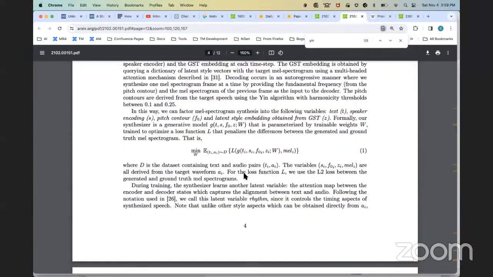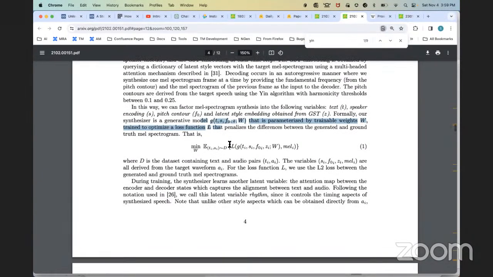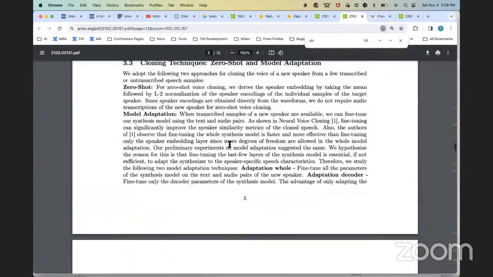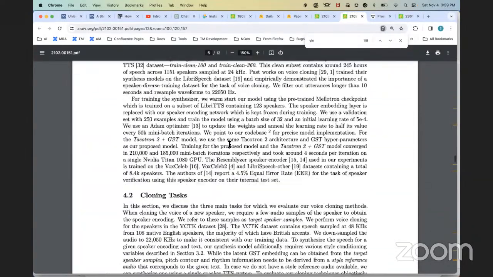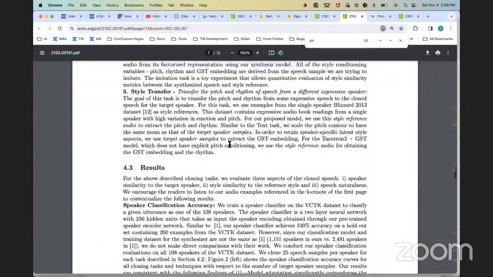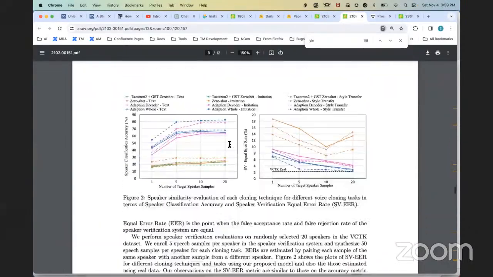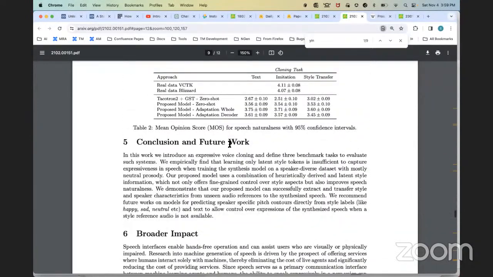They talk about the loss function that they're using, L2 regularization, to optimize the loss, and they're also talking about the further work that needs to be done, so sort of future work. They're also saying that it's not up to expectation, is what I get from here, and there is some future work that needs to be done.